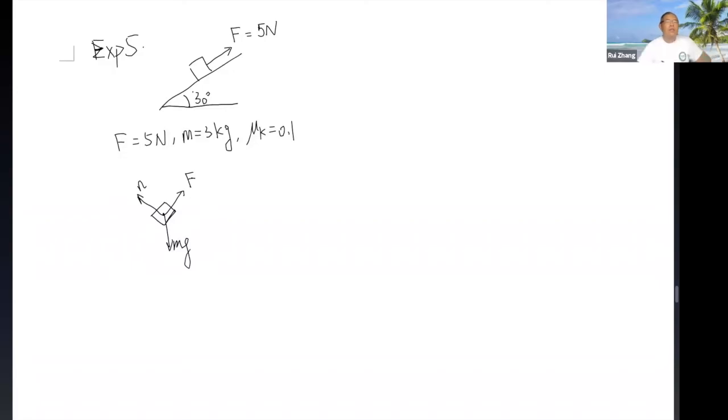Now there's another issue here. We have a friction because this thing is moving. We have a kinetic friction. But the question is, what direction does the friction go? This really depends on where the object moves. Saying the object has a force pulling on it doesn't necessarily mean that the object is going to move upward, because it's on the ramp, so gravity is going to pull it down.